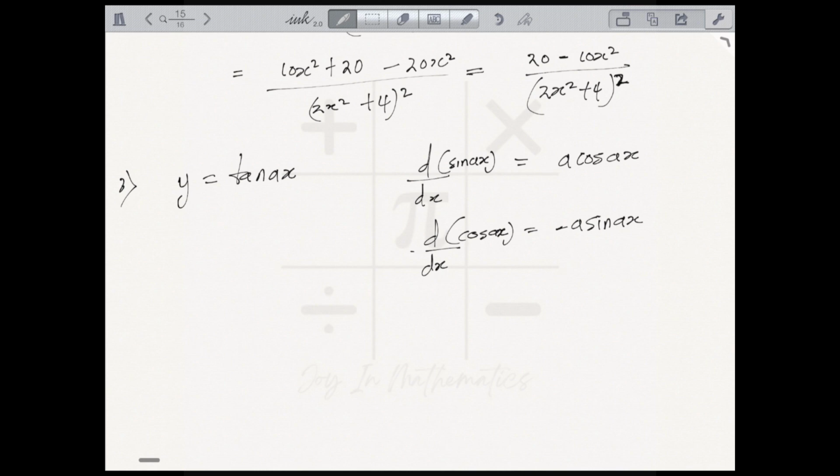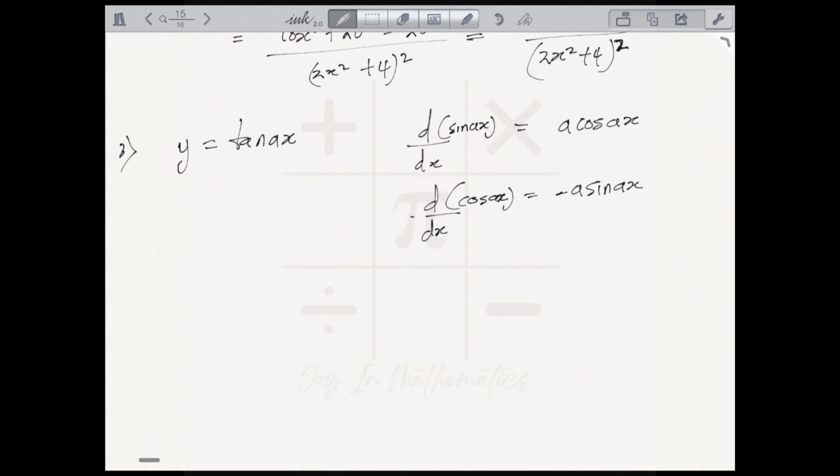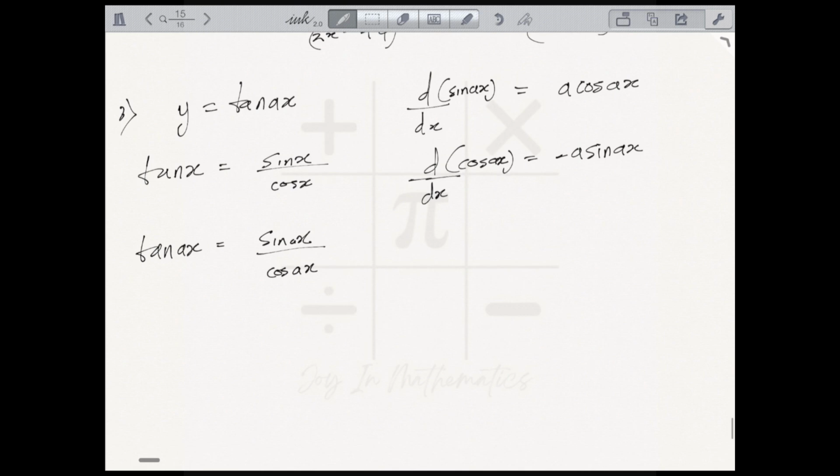Very important. So let us look at the expression of tan ax. We know that tan x is equal to sine x over cos x. Therefore, tan ax is equal to sine ax divided by cos ax. Very important. So when we want to differentiate this, we can take this to be our u and this to be our v. So our u is sine ax and our v is cos ax.